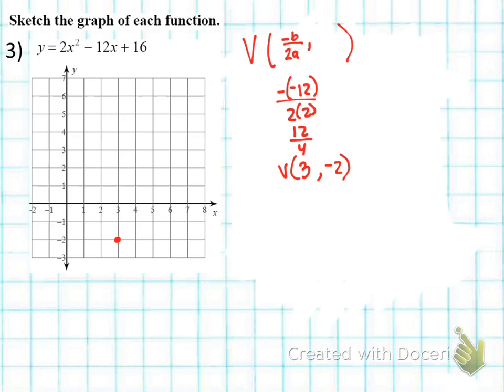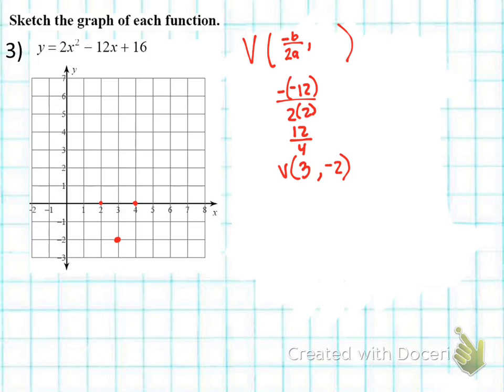You guys want to do the XY method, the chart, or the shortcut? Shortcut. Okay, shortcut. So if I go left 1 space, how many spaces will I go up? 2? Good. That's right. 1 squared is 1 times 2 is 2. So you're going to go up 2. So we should have points here and here.